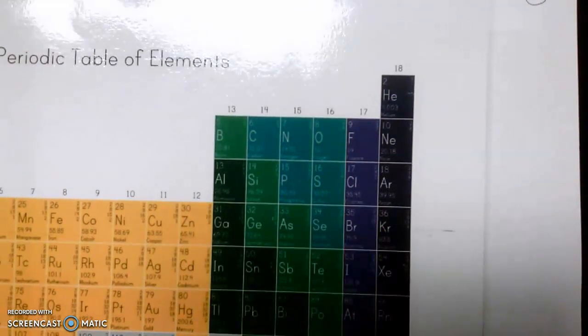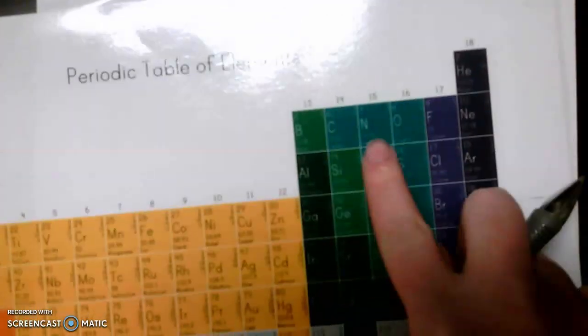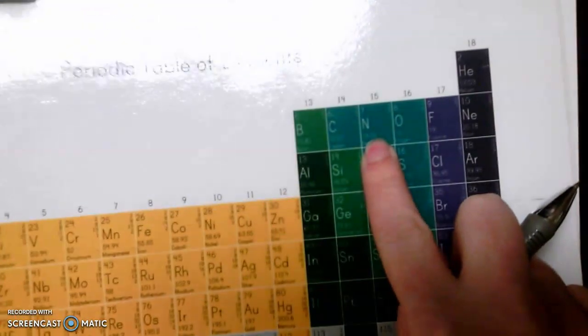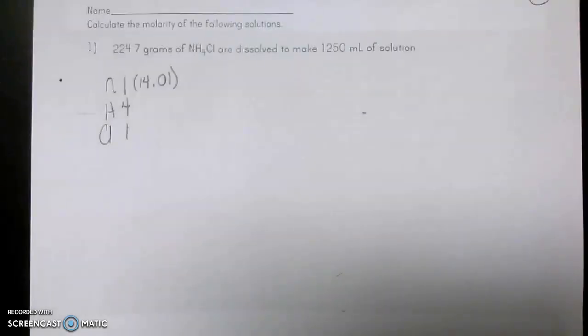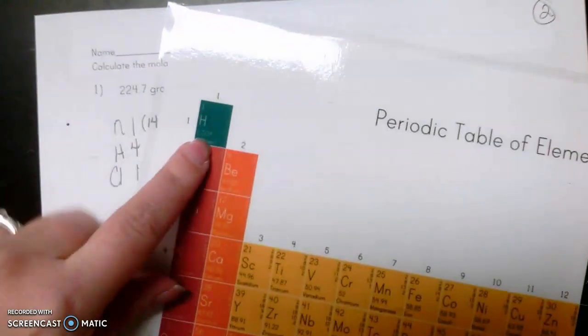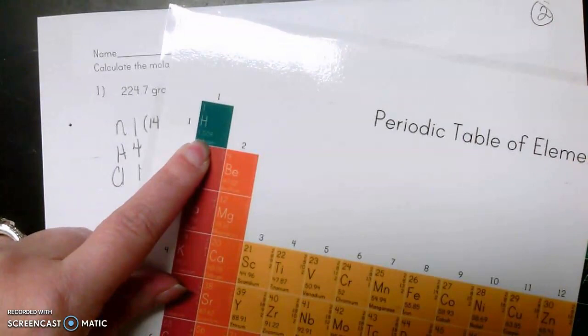So for nitrogen, the atomic mass is 14.01. So we're going to put that in here. Same thing for hydrogen. The atomic mass is 1.008.